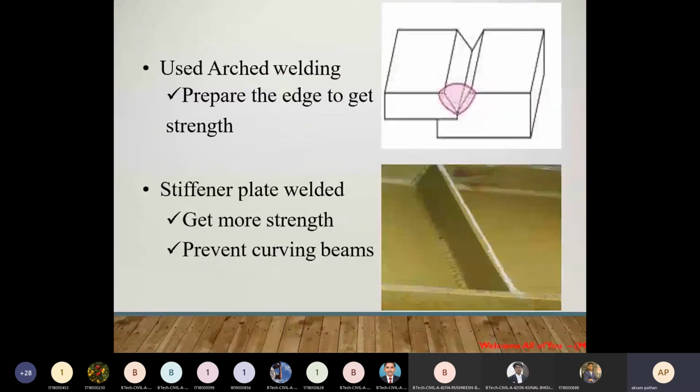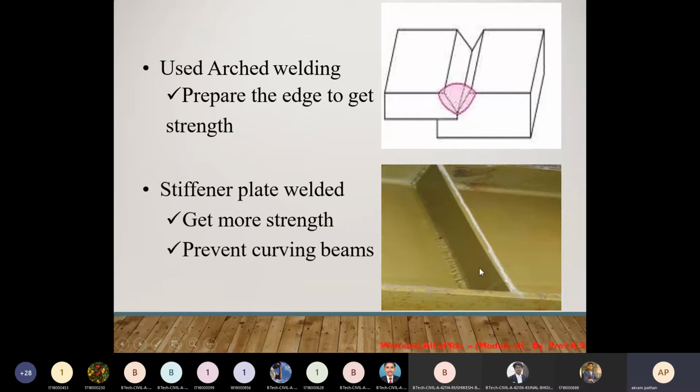Then in the case of arc welding, here we can prepare the edges to get the strength, and if you want to connect these two plates, we can do such kind of joining with the help of arc welding. Then the stiffener plate is welded, which gets more strength and prevents the curving of the beam.